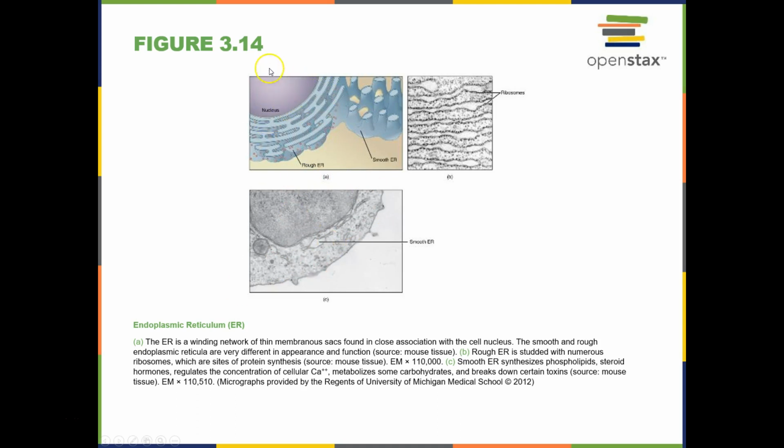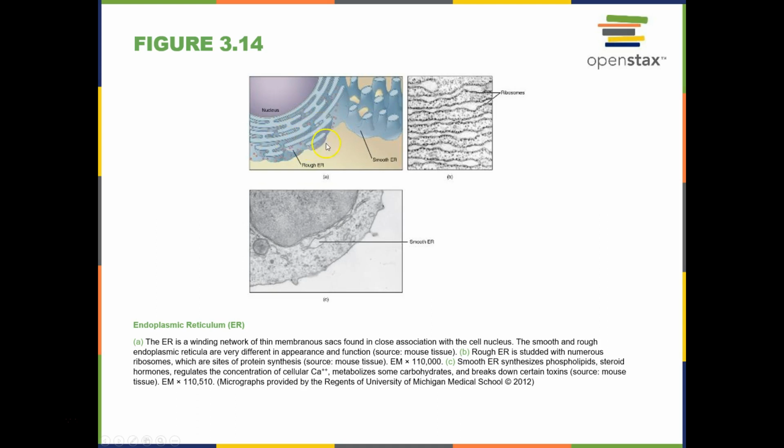So when proteins start being produced, protein synthesis starts in the nucleus, the transcript moves out, can enter the rough ER, and then can be translated into the protein within the rough ER on those ribosomes. So one of the functions of the rough ER is to produce and modify proteins.